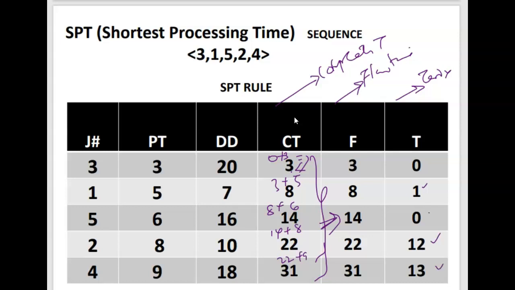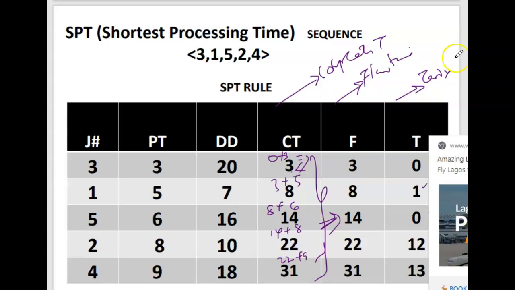How many delayed jobs do you have? We have only what? 3 in this case, which are job 1, job 2, and job 4. If they ask for the total tardiness, that will be 26. 1 plus 12, 13. 13 plus 13 will be 26. So that's 26 days.